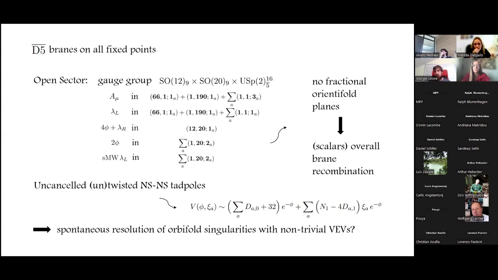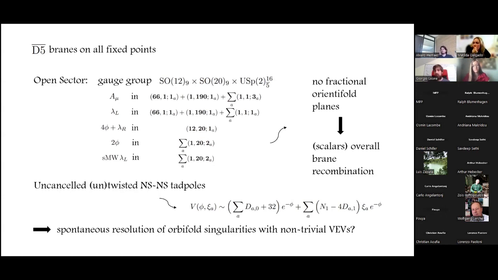This means that we have no scalars transforming into the bifundamental representation of the anti-D-brane gauge group, and therefore we cannot partially recombine branes, so we cannot recombine anti-D-branes via Higgsing to move them away from the fixed points.